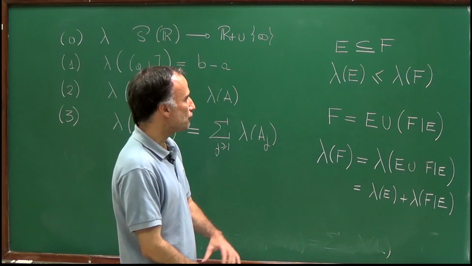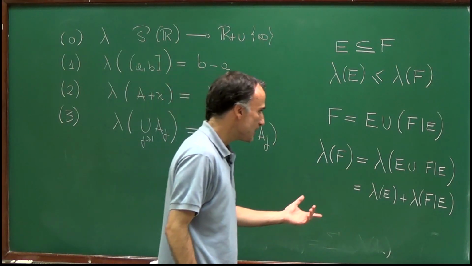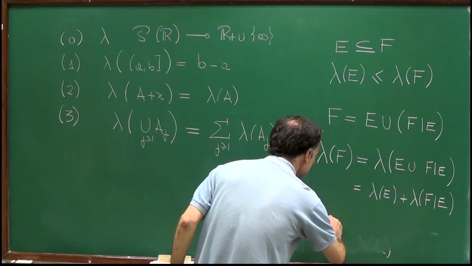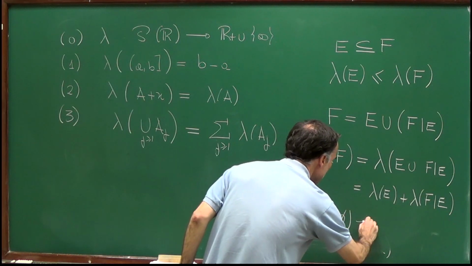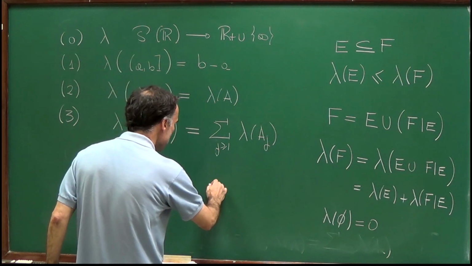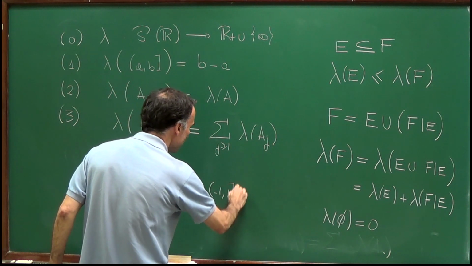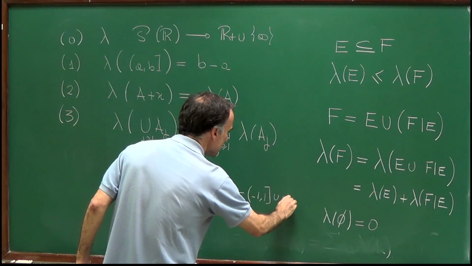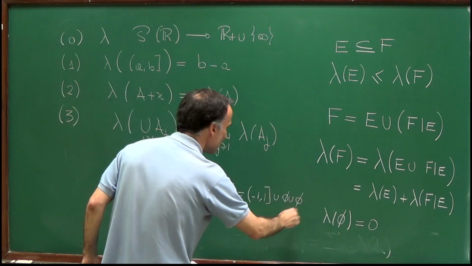But the measure of the empty set is equal to 0, because I can always write the interval, say, -1, 1 as -1, 1 union the empty set, union the empty set, and so on.